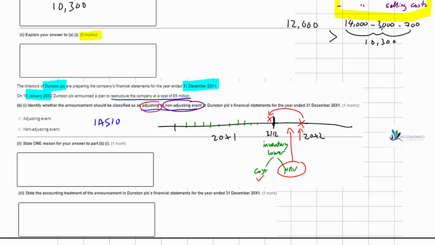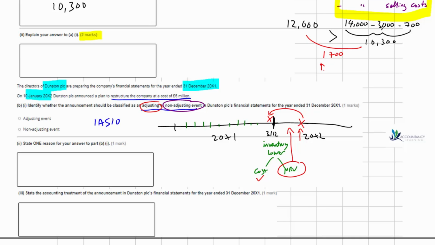So if we discovered that the inventory we were talking about at the beginning of the question had a net realisable value less than the cost, and we can see that it does, we need to write off £1,700 worth of inventory, so we would need to do a double entry as an adjusting event.